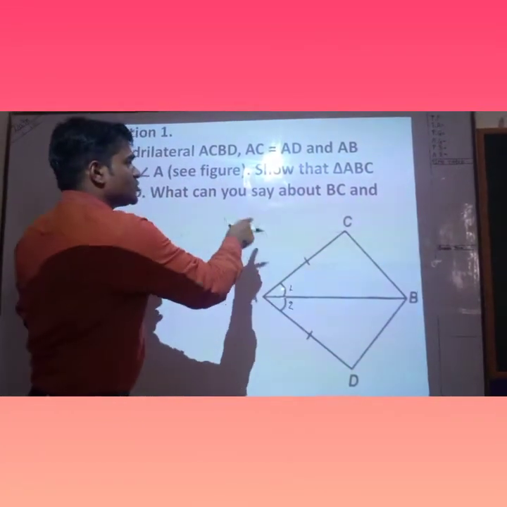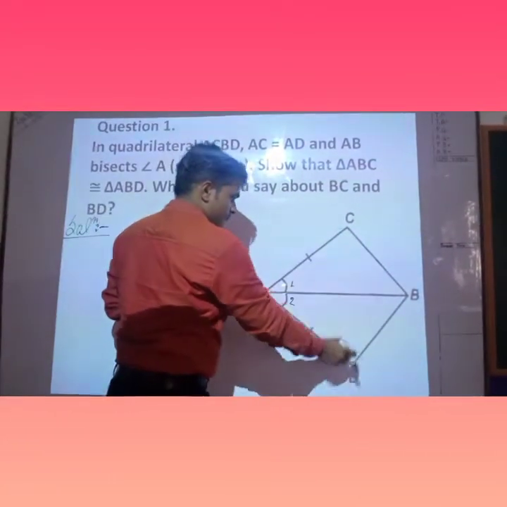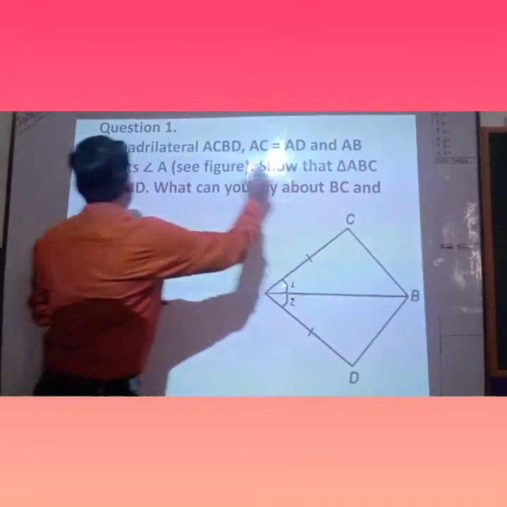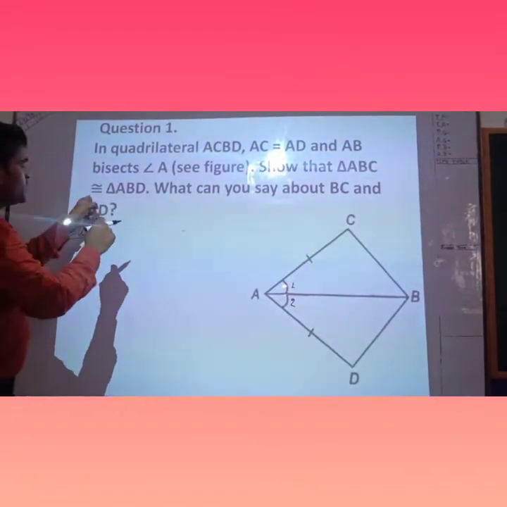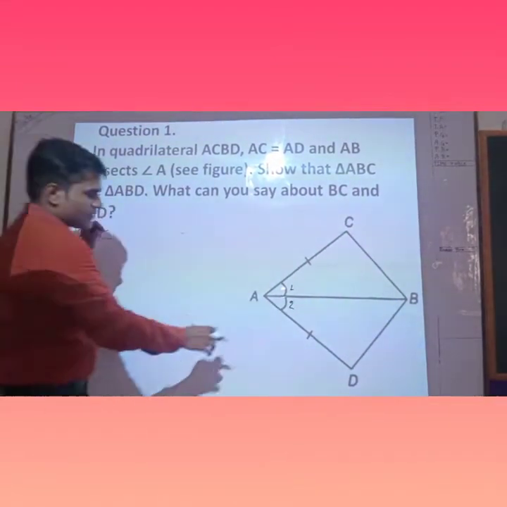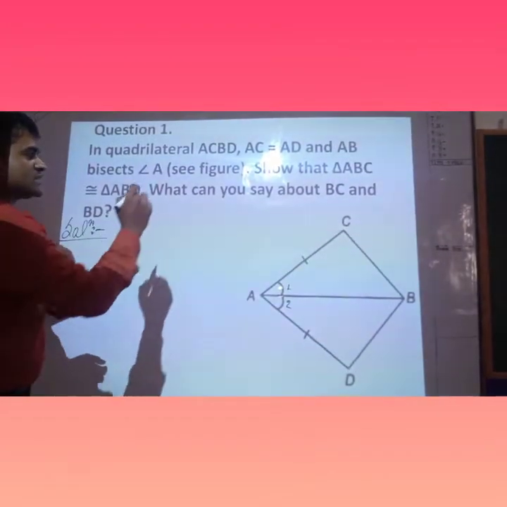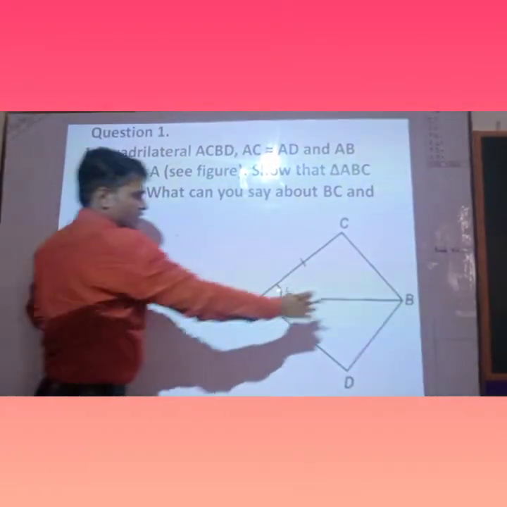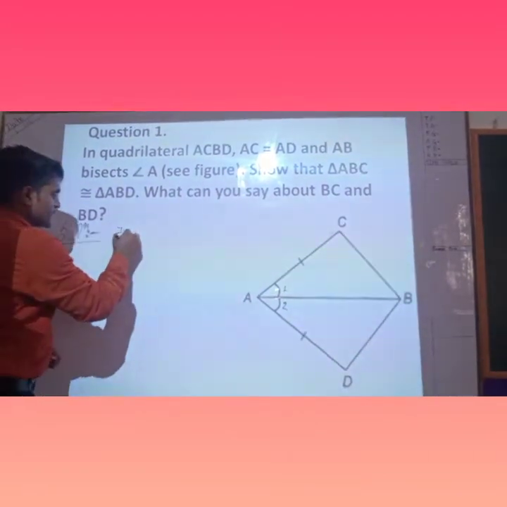Okay, so triangle ABC is congruent to triangle ABD. This is the symbol of congruency. What can you say about sides BC and BD?